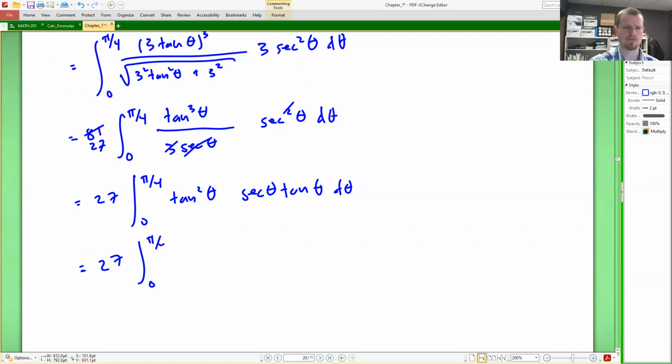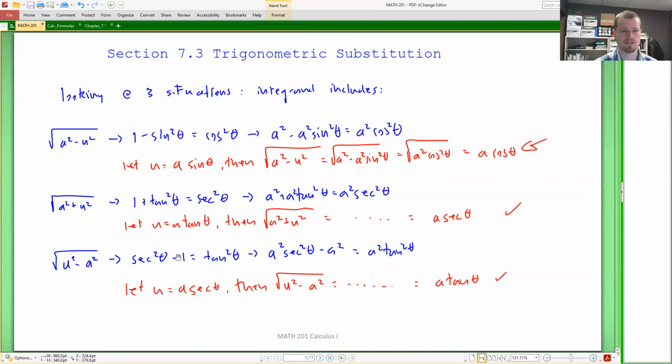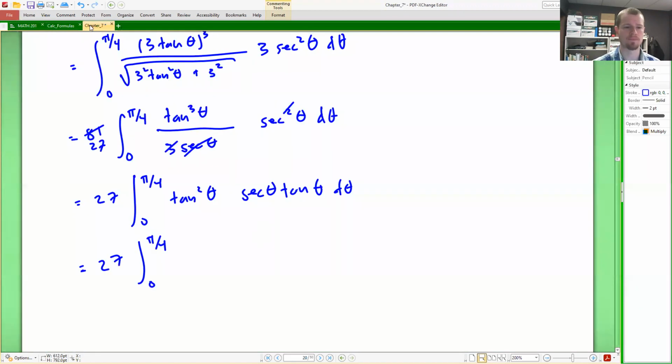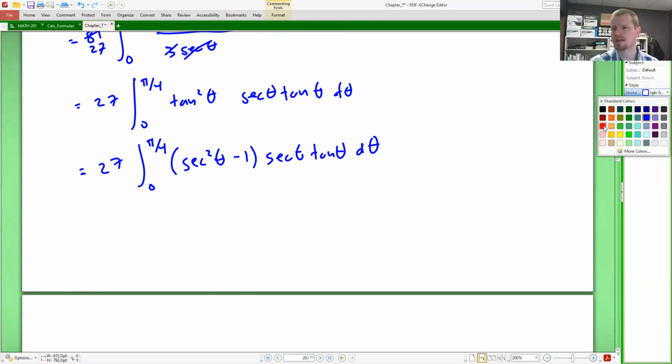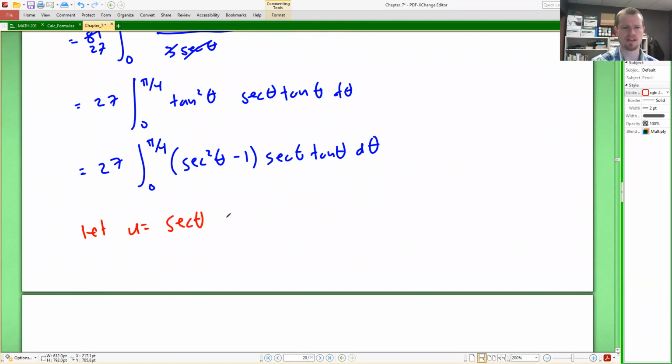So 0 to pi over 4, but tangent squared is, if we refer back, secant squared minus 1. So tangent squared is secant squared theta minus 1, times secant theta tangent theta d theta. And why is this good? This is good because now we can let u be equal to secant theta, and then du would be equal to secant theta tangent theta d theta.